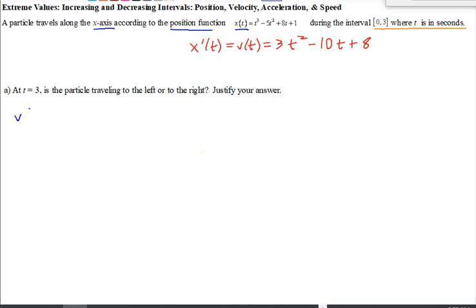So v of 3 is 3 times 3 squared minus 10 times 3 plus 8. That would give you 3 squared, 9 times 3, 27, minus 30 plus 8. So that's 35 minus 30, which is 5. Again, the units here would be units per second. We needed those.